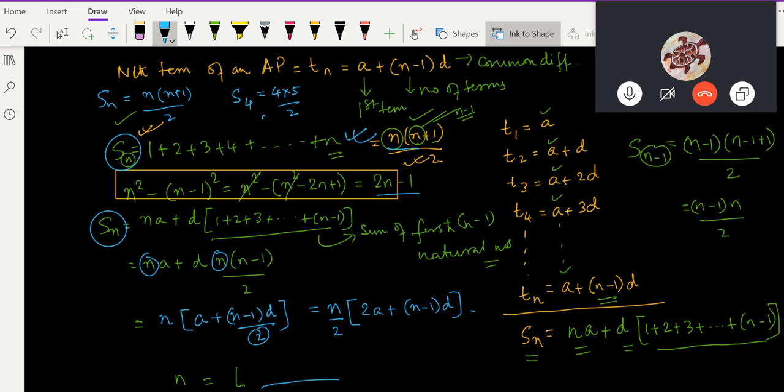Sum of first 10 terms will be 10 into 11 by 2. So remember this, if you are asked to find the sum of any number of natural numbers, it will be the natural number itself into the next number, divide by 2.